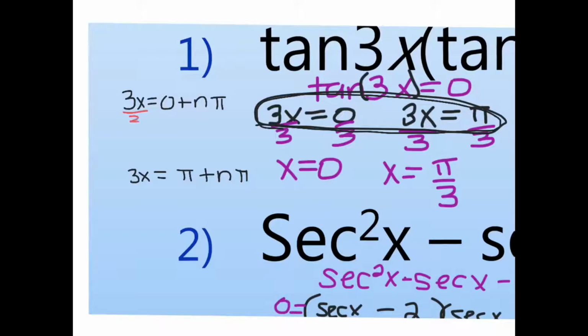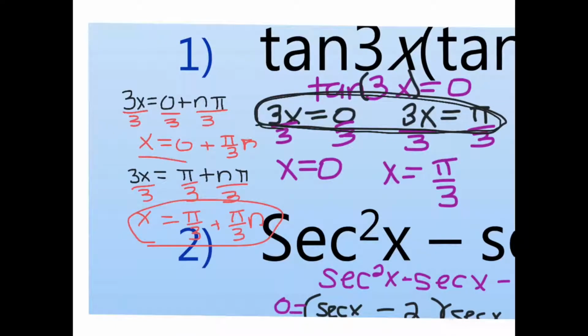So then I'd have to divide each of these by 3. And so my 0 gets the 3, but so does my interval. So it would be pi over 3 times n. And then over here, I would get pi over 3 plus pi over 3n.